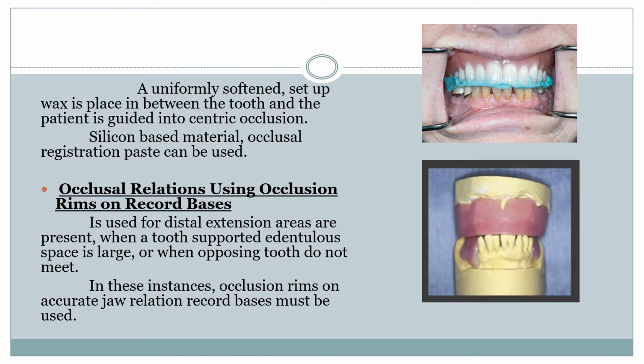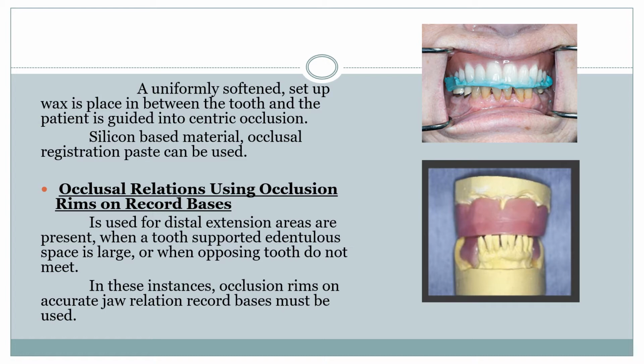These are specifically used to just record the bite. So you dispense this material. First let's look at wax. You take the Cavex wax, place it in a hot water bath and allow it to soften to a stage where you can roll it and make it like a template to register the bite.